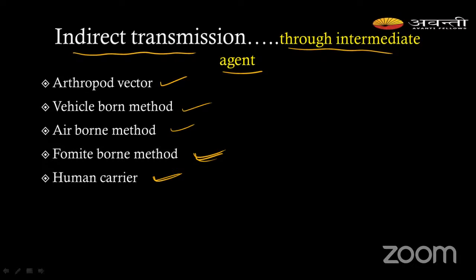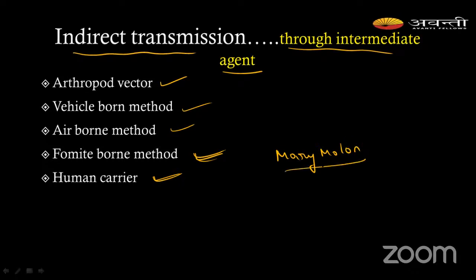So that is the reason they gave her the name Typhoid Mary, but Typhoid Mary is not a real name. Her name is Mary Mallon. Okay, Mary Mallon is the real name.